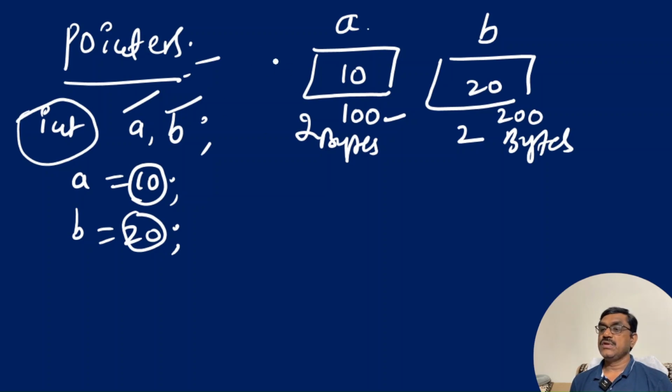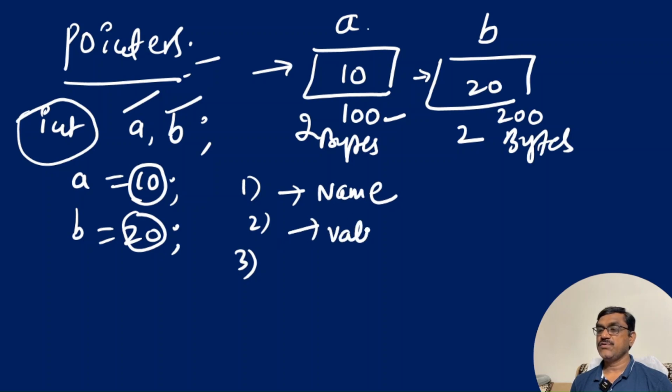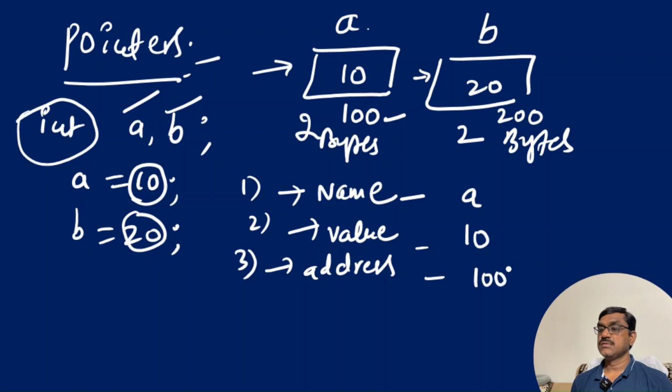Carefully listen, right? Each memory location is associated with three very, very important things. The first one is the name of the memory location, the second one is the value of the memory location, and the third one is the address. For the first variable, the name is a, the value is 10, and the address is 100.